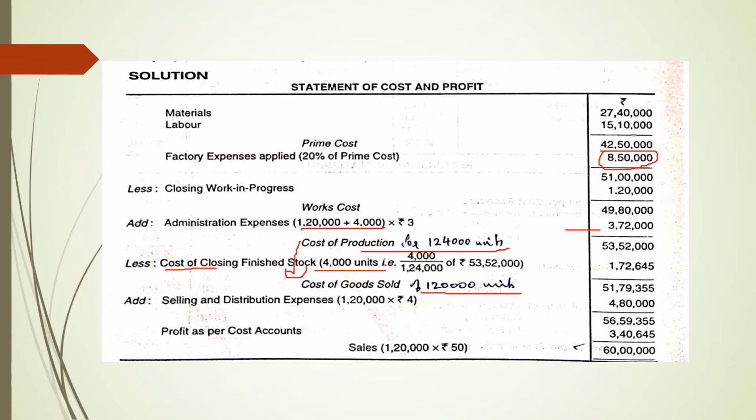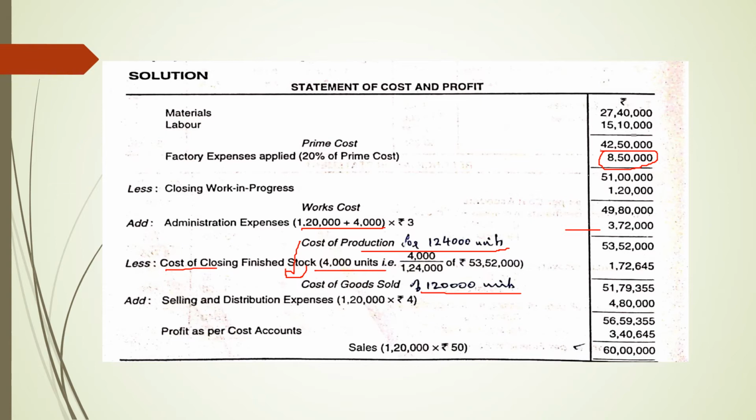So you have to multiply the cost per unit by the 4,000 units of closing stock. So we get a value of 1,72,645.